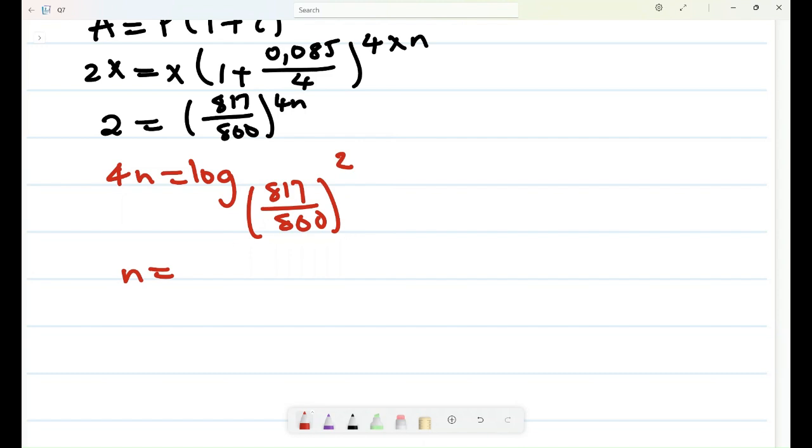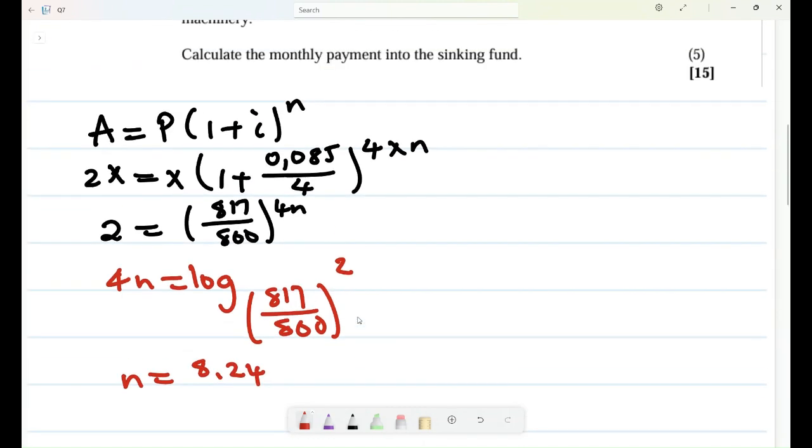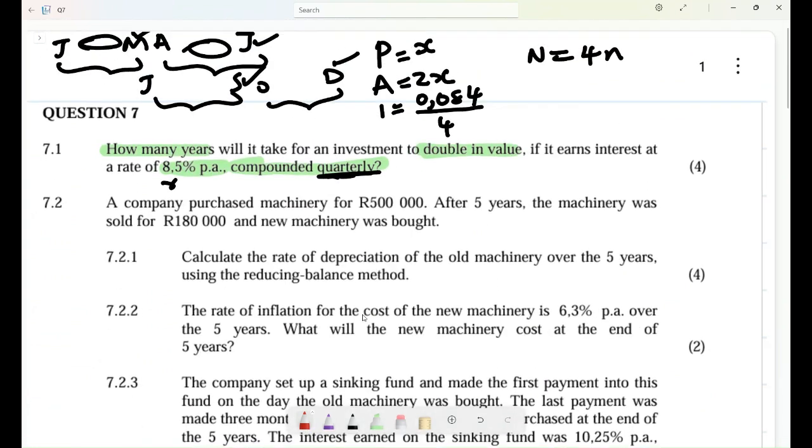Punch this on your calculator and press the equal sign. Do not write your answer here. Just divide that answer by 4. Then you get 8.24, right? So they said what here? How many years will it take for an investment to double?